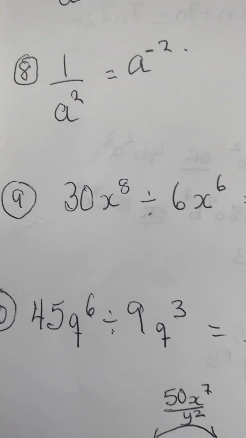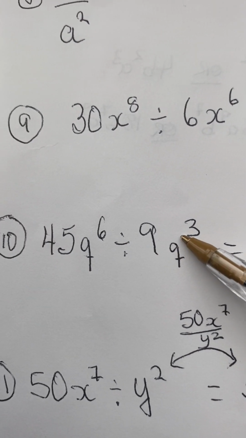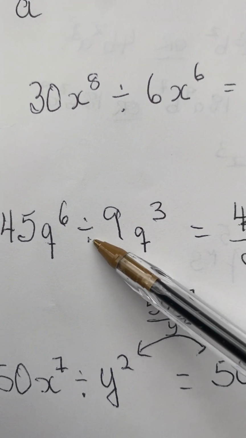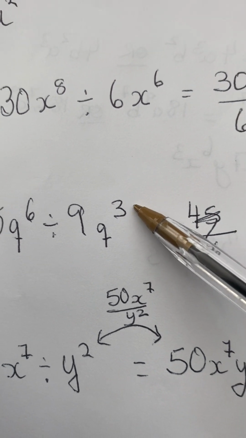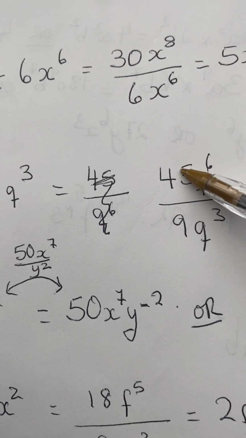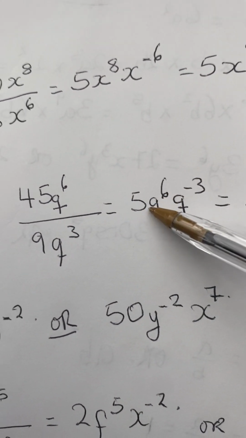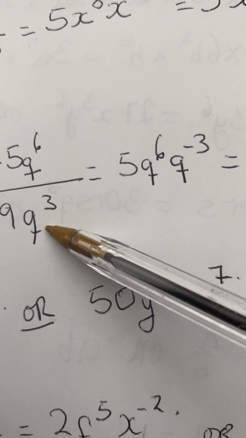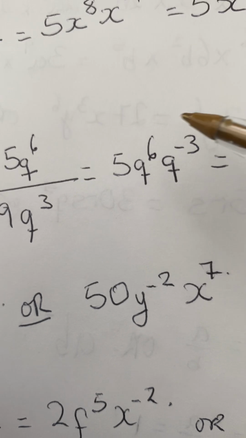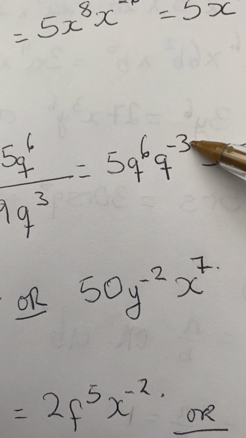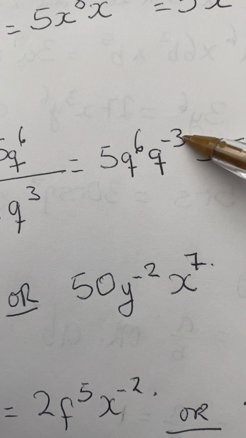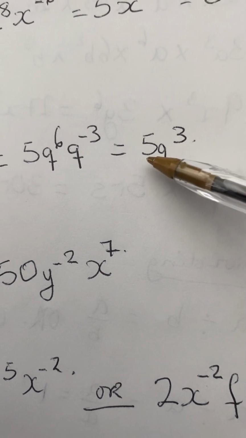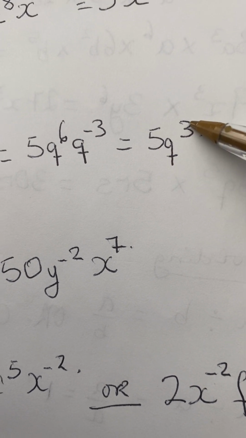Okay, now here we are. So 45q to the power 6 divided by 9q to the power 3. We have 45 divided by 9, which is 5. Now we have q to the power 6 divided by q to the power 3, and 1 over q cubed can be written as q to the power minus 3. So 6 minus 3 is 3, so 5q cubed.